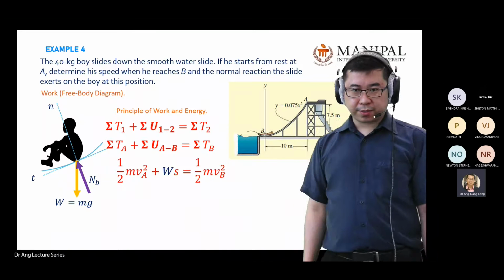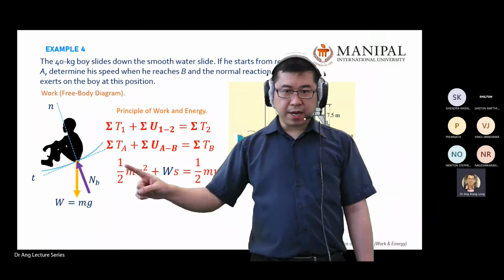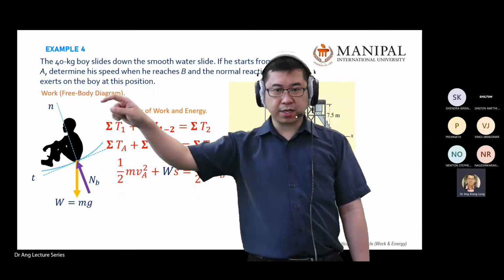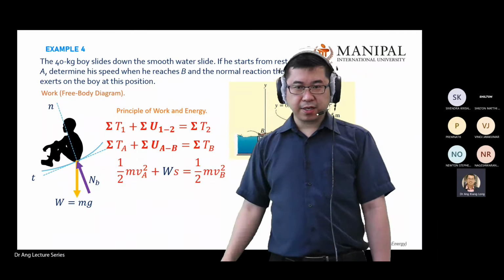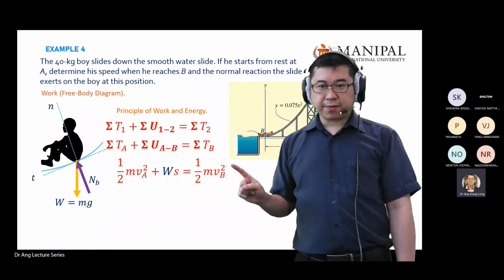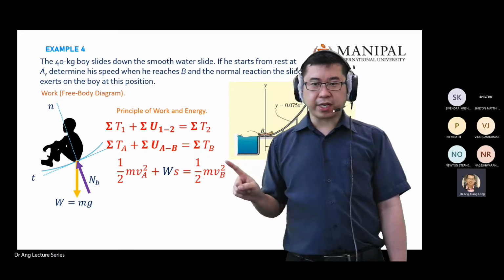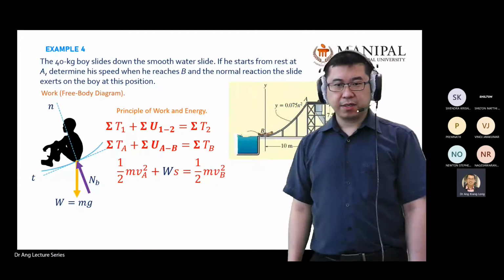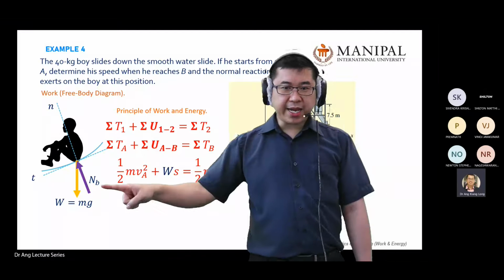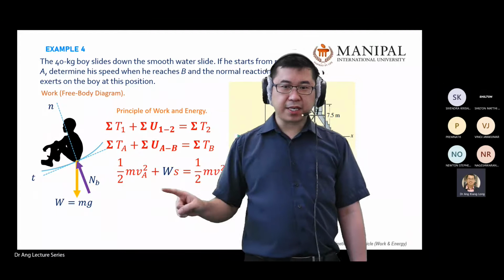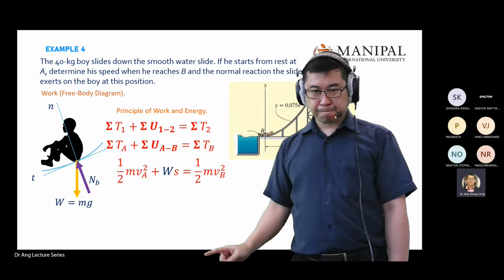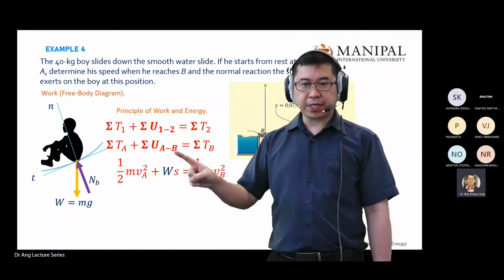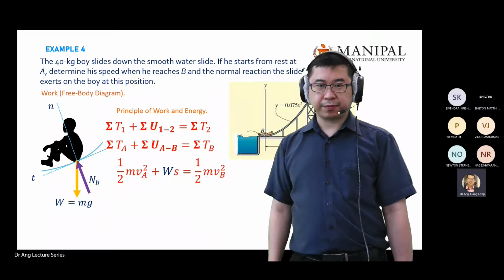So here, half m v_A squared plus W_s, because of the work done by gravity, equals the kinetic energy at point number 2, or B. Why is your normal force missing in your work here?